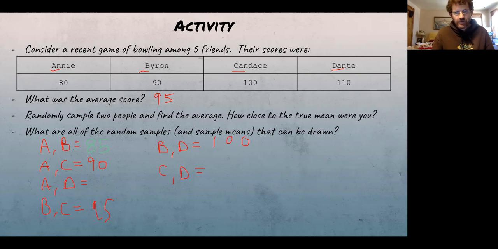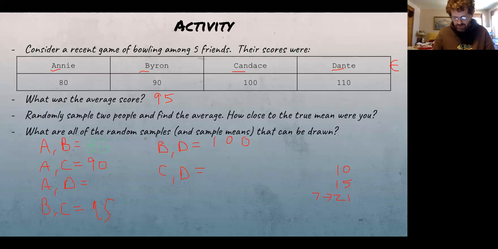But if we had a sample size of 2 and added one other person, maybe Emily, then this grows by what we call triangular numbers. We would go from 6 outcomes up to 10. The next would be 15, and the next would be 21. So if we had 7 people, we'd have 21 possible groups of 2.